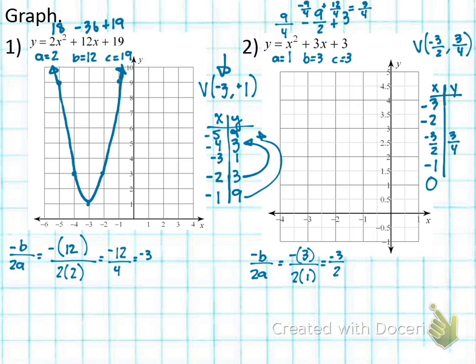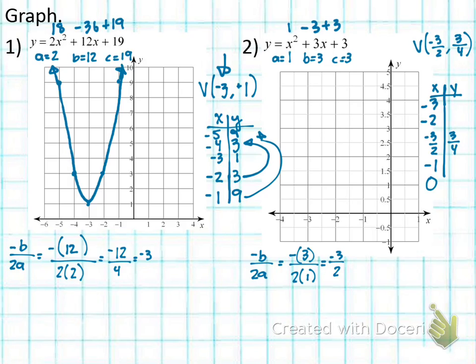Let's put negative 1 in, okay? So whenever I see x, we're going to put negative 1 in. So we got over here at the very top, negative 1 squared is 1, and then we got 3 times negative 1 is negative 3, plus 3. So 1 minus 3 is negative 2.